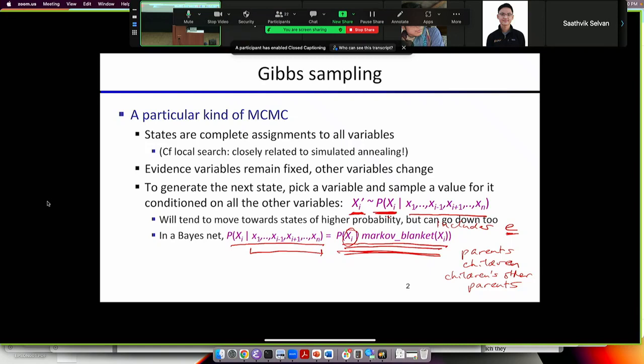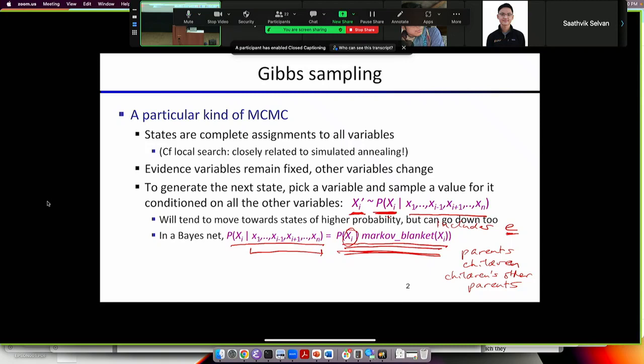And so that computation can be done very easily, and it's independent of the size of the network. And because it's all local, you could even imagine it happening in parallel. You could be sampling all the variables of the network pretty much simultaneously, and asynchronously as well.